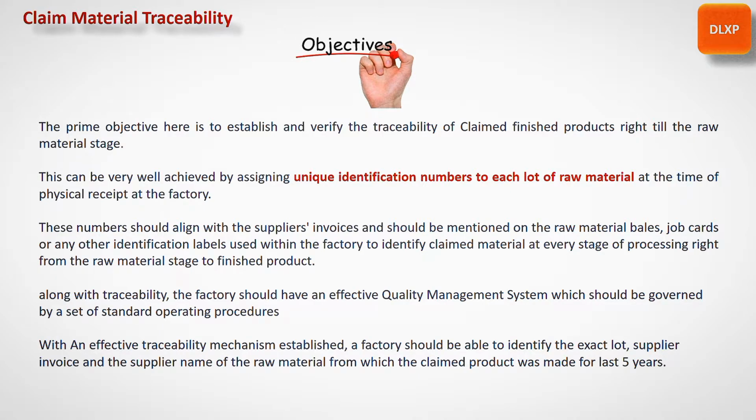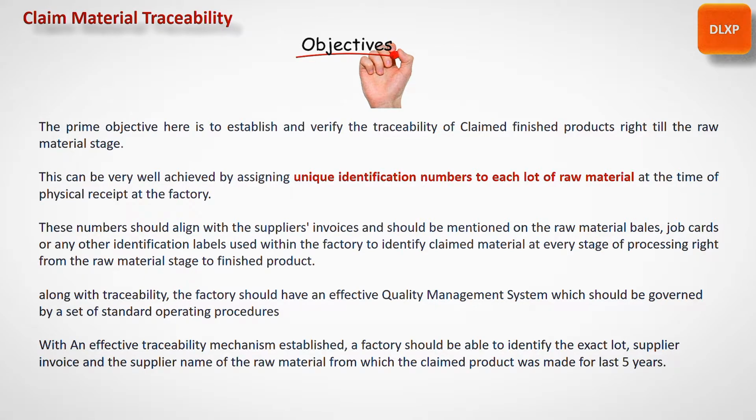For instance, if you procure yarn from the spinning end, definitely the raw material should be yarn, and the yarn's raw material should be the cotton. So we have to go up to the main raw material, that is the cotton. When you are going to test any raw material or claim material, we start from the cotton till shipment.